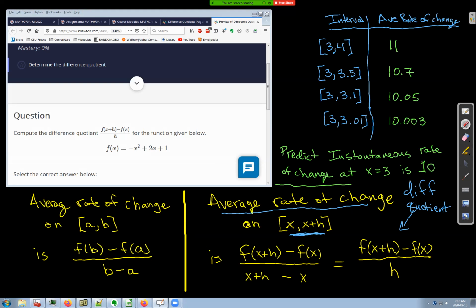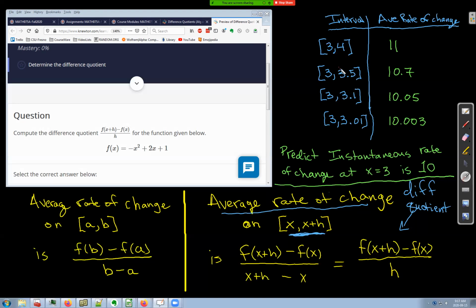I would say that what's happening here is this. Think about what's happening on the left-hand side. These intervals are getting really, really small. This last interval is so tiny, it's practically just a single point, the single point x equals 3.